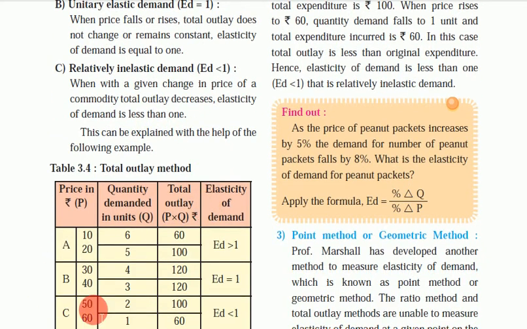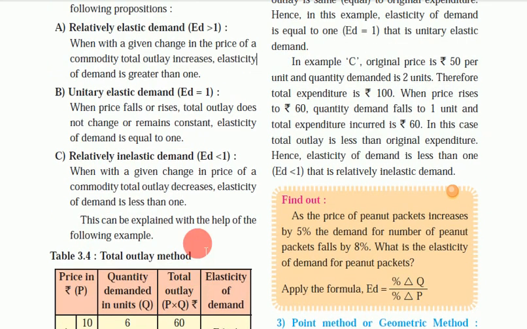Now here we can see that in this example, when the price changes, the new total outlay is rupees 100. It means total outlay increases by rupees 40, and if total outlay increases, we will say demand is relatively elastic.